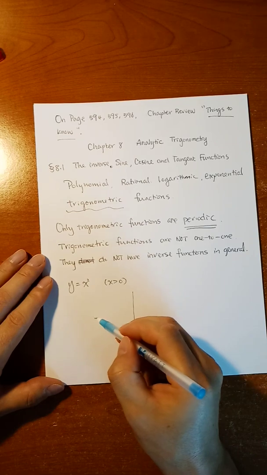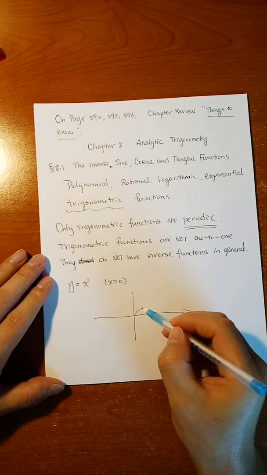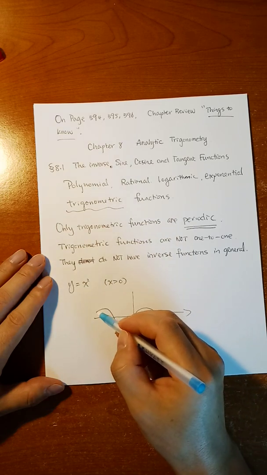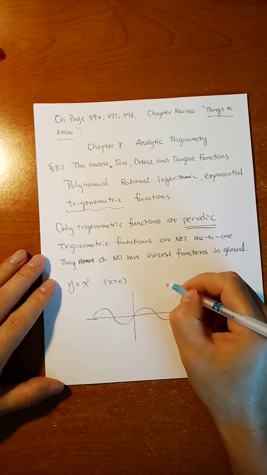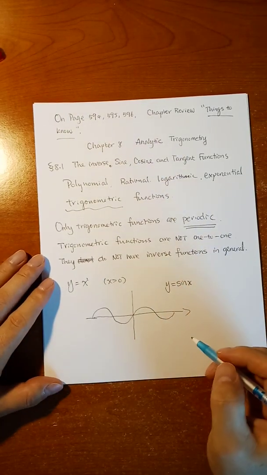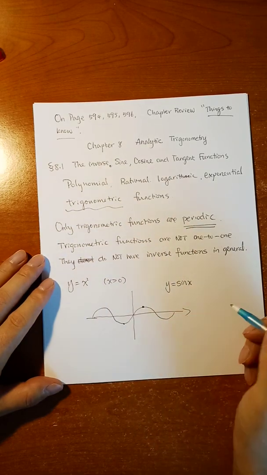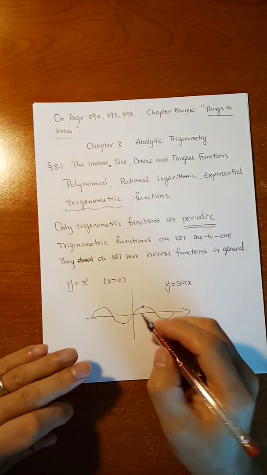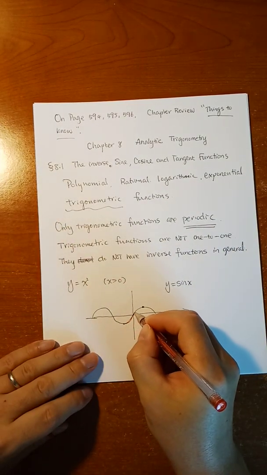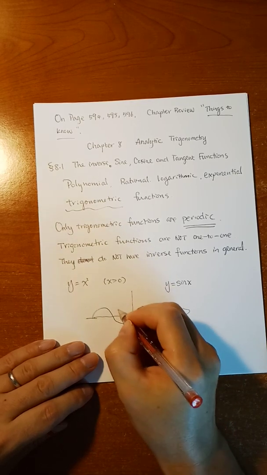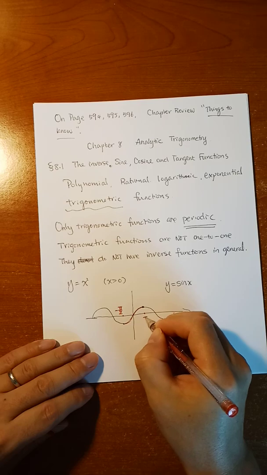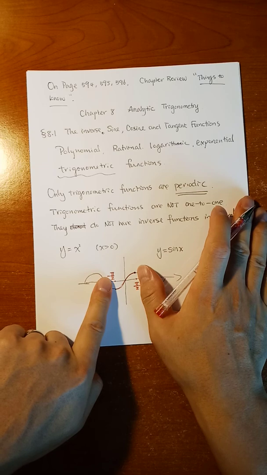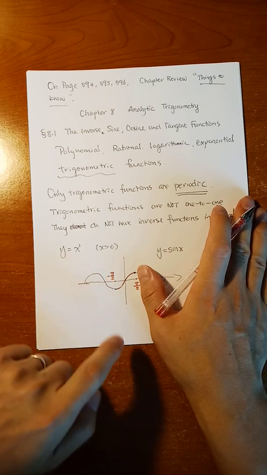So let's check here. For example, if we have the sine function, this is a wave function. It's not one-to-one. But if we restrict the curve to the interval negative pi over 2 to positive pi over 2, just this red curve, it is a one-to-one function, right?